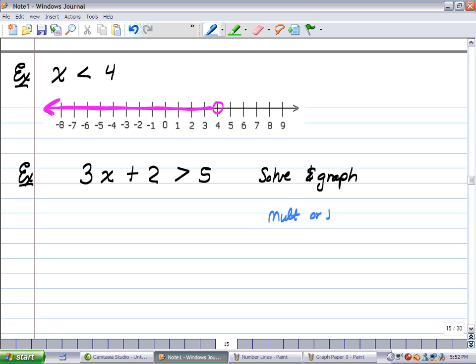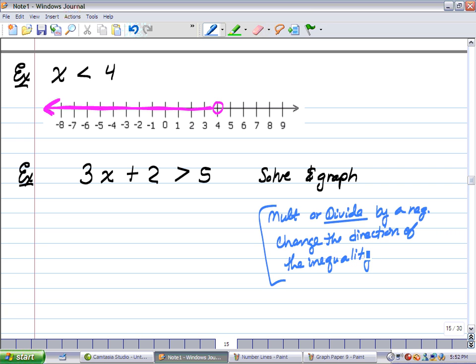Multiply or divide. Mostly what we're going to be doing is dividing by a negative. Change the direction of the inequality. Sometimes people call that the sense of the inequality. That's the only difference in solving an equal sign.